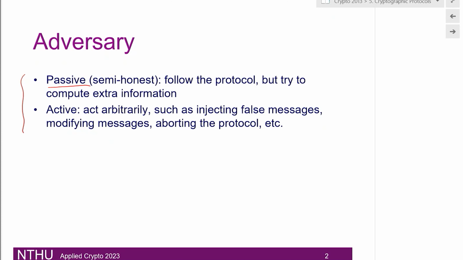Sometimes he would follow the protocol honestly. He wouldn't mess up with the numbers. He wouldn't replace them. He would just follow the description of the algorithm as you design it. But his goal is, while honestly following your protocol and interacting with the others, to gain some information.